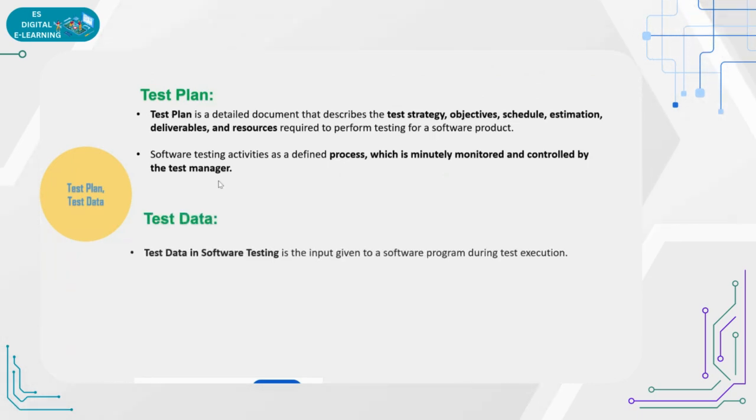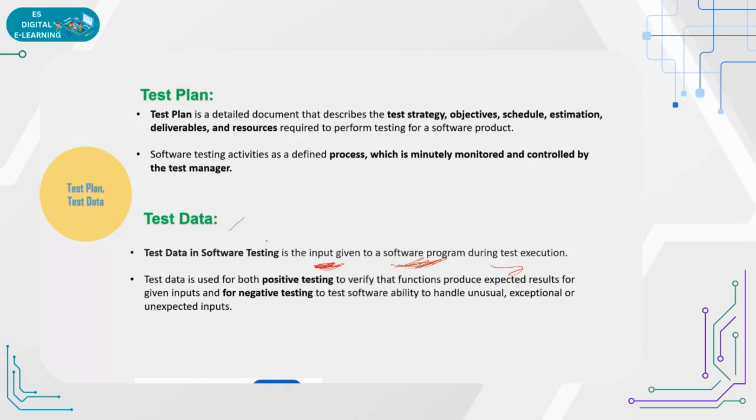And test data. Test data is whatever input you are giving. When you are doing the testing, you will give some input to the software program for doing the testing. That will be the test data. Clear, right? Test data is used for both negative testing as well as positive testing. We need to see the exceptional cases: whatever is expected is the positive scenario, and unexpected is the negative scenario.